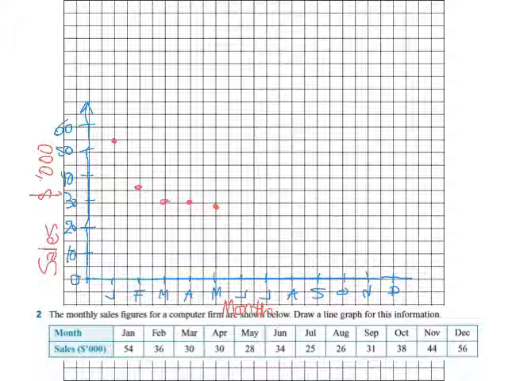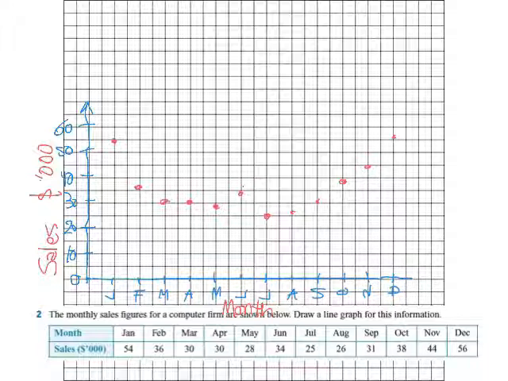June is 34, July is down to 25, August is 26, September is 31, October is 38, November is 44, and December is 56.